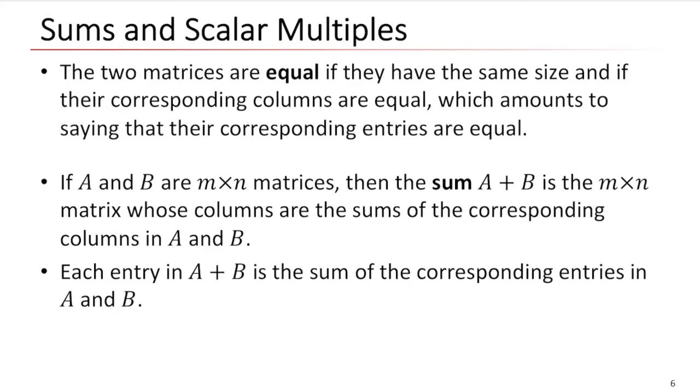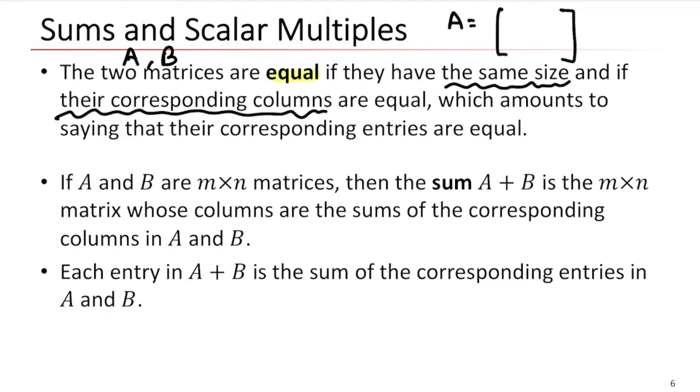Okay, so we can say that two arbitrary matrices are equal. Let's say matrix A and matrix B are equal if they have the same size. Then their corresponding columns are equal. Let's say matrix A is something like this, matrix B something like this, right?